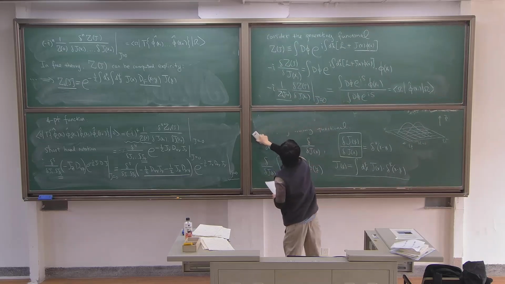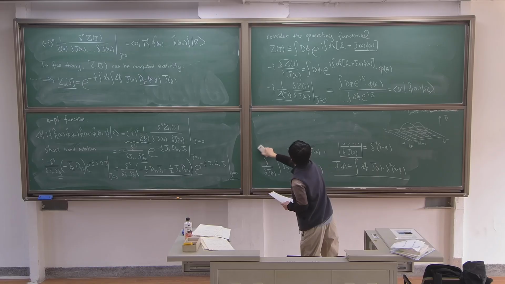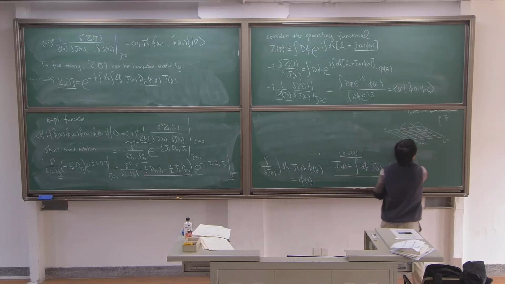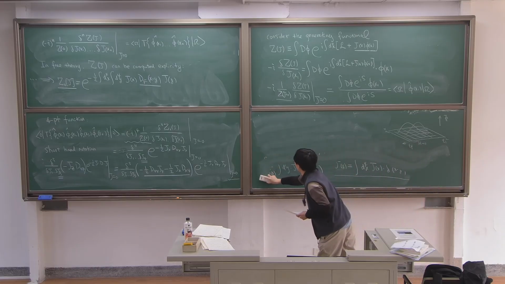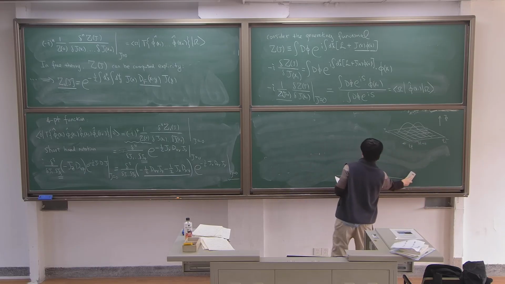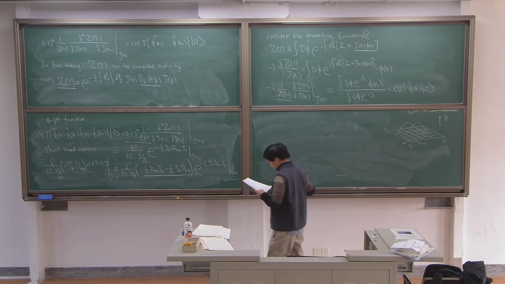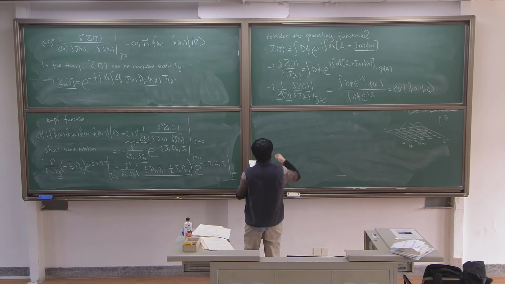Yeah, you basically do the derivative one by one. Okay? It's not difficult. It's super easy. You do the derivative one by one. So what do you get now? You get J1, J2.